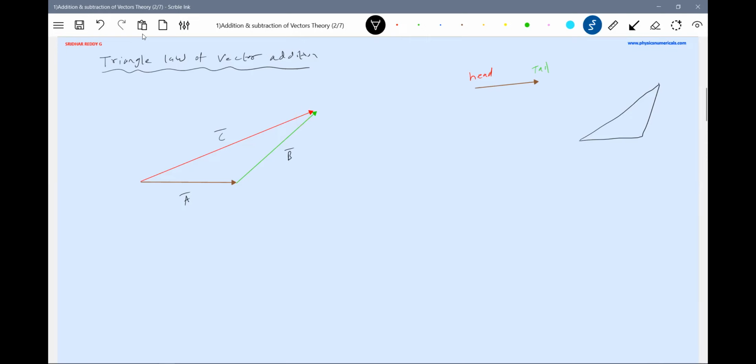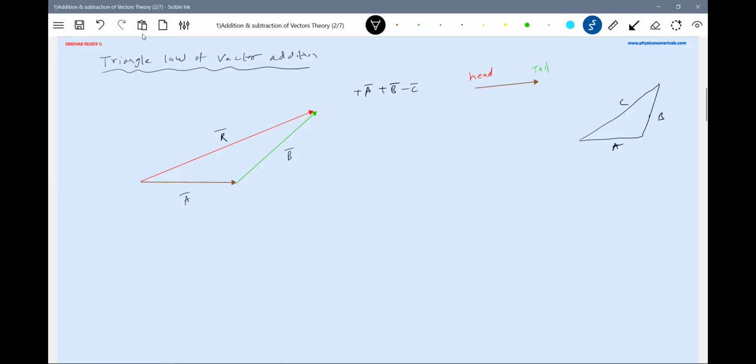Suppose the length of this is a, the length of this is b, and this is c. If I move from tail to head, it should be taken as positive, plus a. If I move from tail to head, it's taken as plus b. If I move from head to tail, I'm going in reverse order, so it will become minus c.